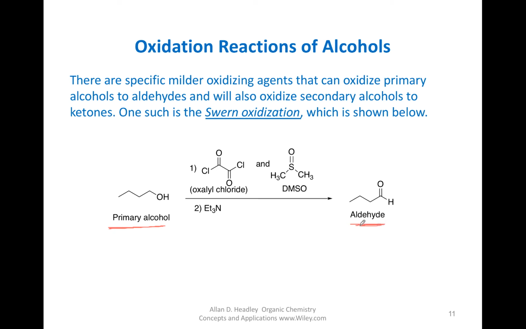So it would be nice if we could start off with a primary alcohol as a starting material and stop the reaction at the aldehyde stage and not go on to the carboxylic acid. There's special oxidizing agents which are much milder that can be used to oxidize the primary alcohol to the aldehyde and not go on to the carboxylic acid.